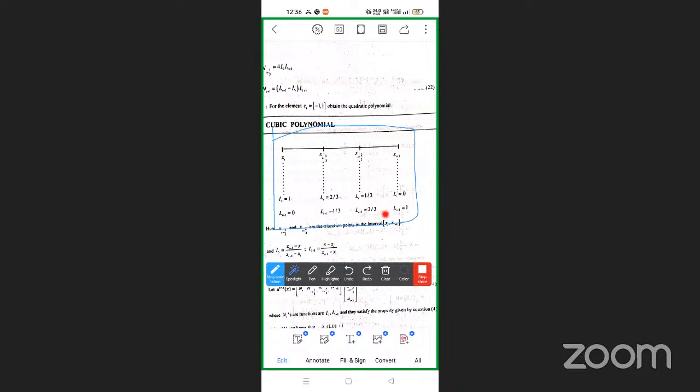Here decreasing, 1 decreasing minus 1 by 3, so that is 2 by 3. Again decreasing 1 by 3, so that is 1 by 3. And decreasing 1 by 3, 0. So these are xi, xi plus 1 by 3, xi plus 2 by 3, xi plus 1. Is it clear? So this is the cubic polynomial.